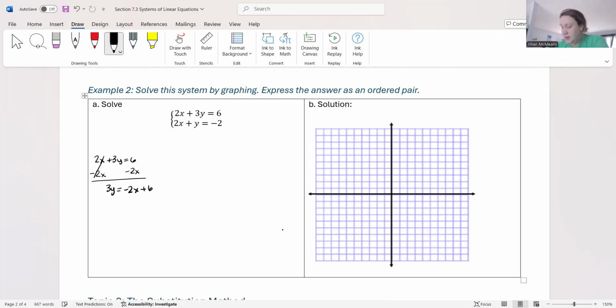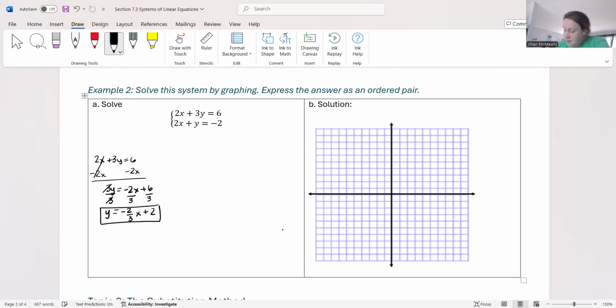So we get -2x plus 6. We need to isolate the y, which means we need to undo the multiplication of 3 and y. So I divide all of the terms by 3. On the left, 3 divided by itself is 1, and 1 times y is y. Then -2x divided by 3 is -2/3 x, and 6 divided by 3 is 2. So that is my first equation.